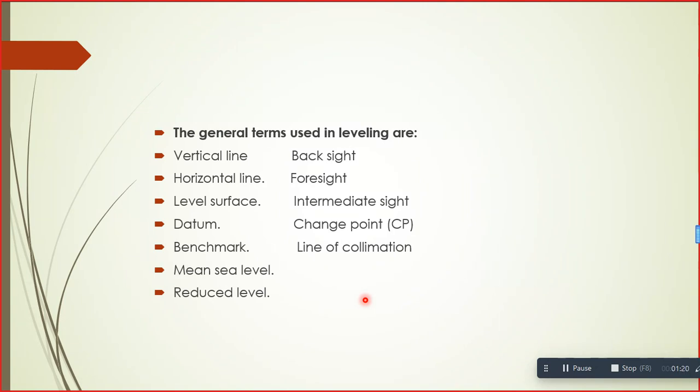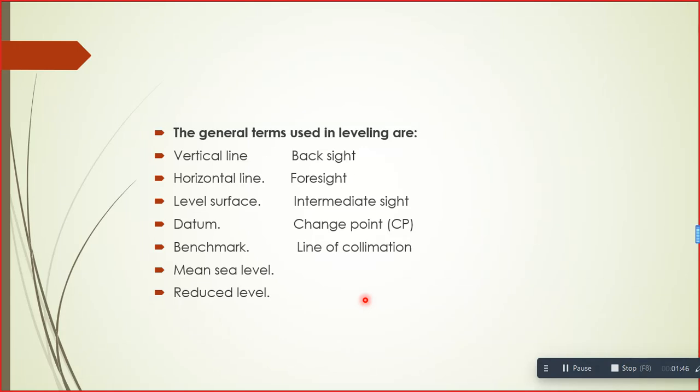I would like Olga to read for me the general terms used in leveling. Under the general terms, I would like you to read vertical line, horizontal line, and level surface. If you cannot see the slide on your end, I will assist you. I think it is a technical issue. I'm sending it again to you.